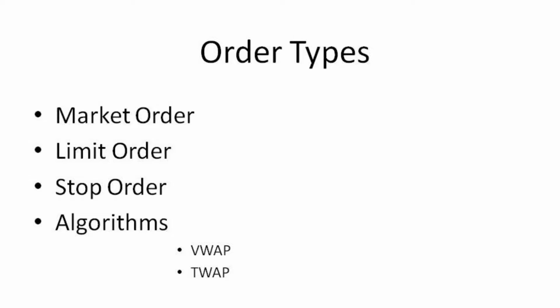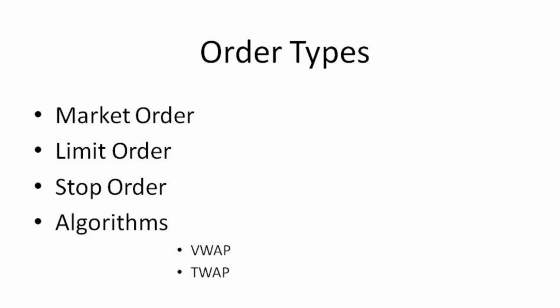So that is a limit order, and you've put a limit on how much you're willing to pay. With the market order, there was no limit. You would have just paid whatever the going price in the exchange was when your order hit the exchange.